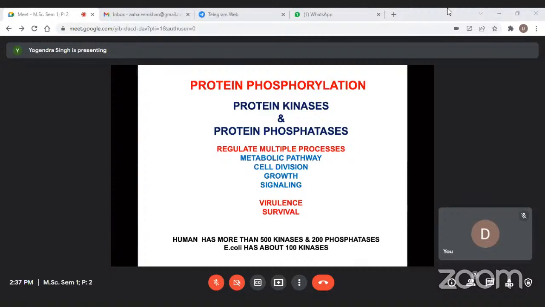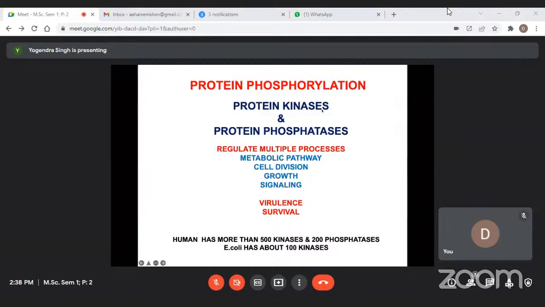But I'm going to focus on phosphorylation more. One of the reasons is that phosphorylation is the most common modification. There are kinases, and those kinases are going to add a phosphate group on the protein, and then a phosphatase will remove the phosphate group and the protein can come back to the ground state.